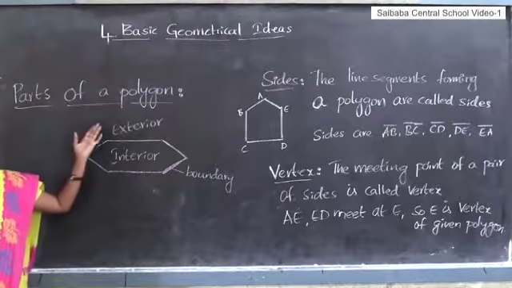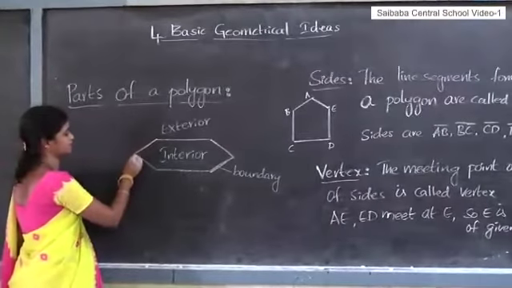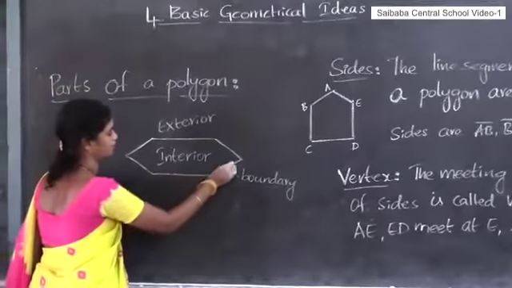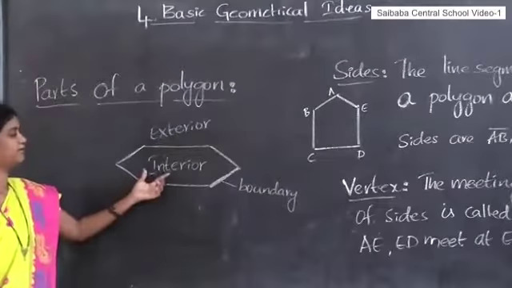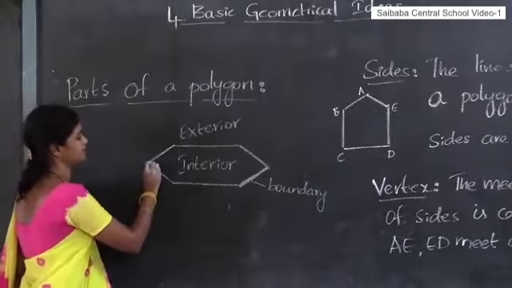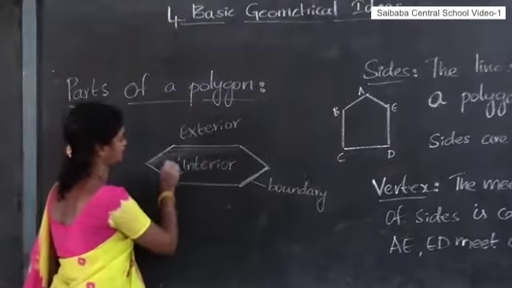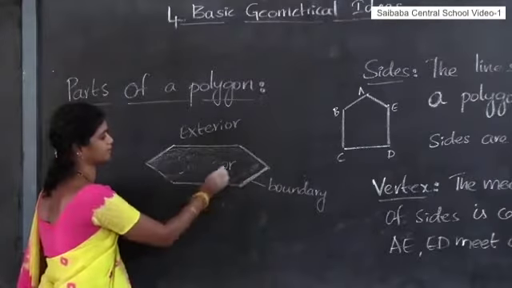Parts of a polygon. Here this is a simple polygon formed with 6 sides. This polygon has 3 parts. The inside part, this shaded part, is called the interior of the polygon.